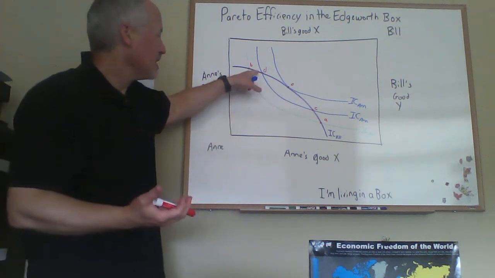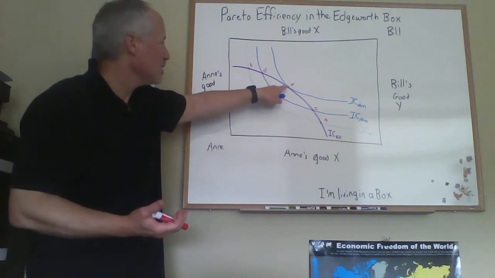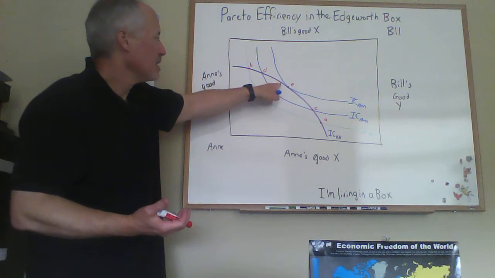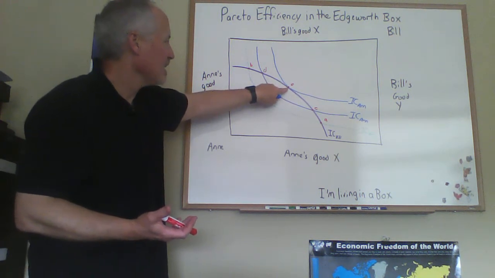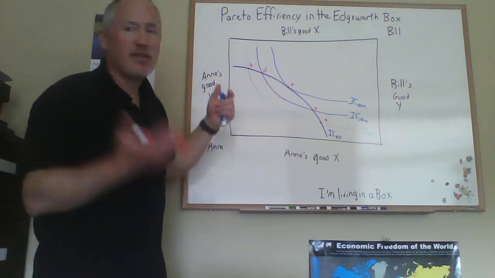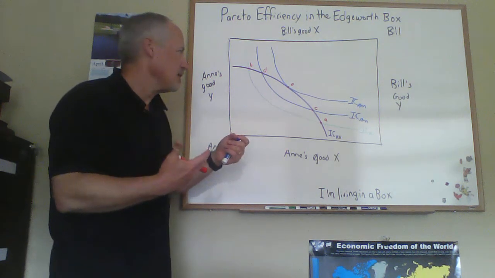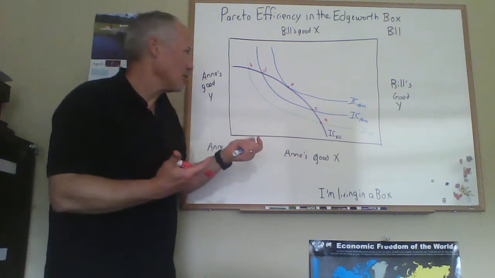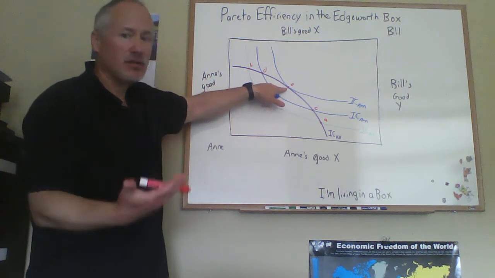E looks different than either B or D or C or A. There's no way to move up and to the left from E, stay on Bill's indifference curve, and not make Ann worse off. Because if you start at E, this level of utility for Ann, once you move to the left here, you can see she drops down to a lower indifference curve, a lower utility. If she moves to the right, she's going to drop to a lower utility indifference curve. If she moves away from point E at all, she gets lower utility.